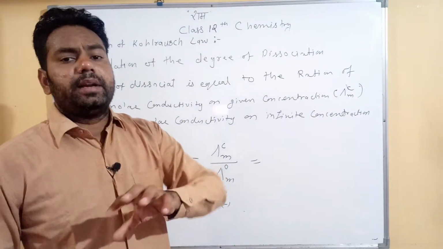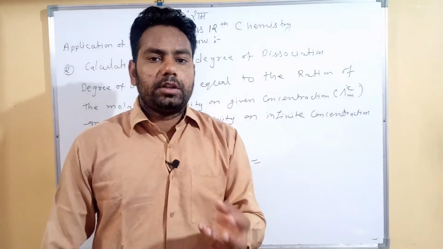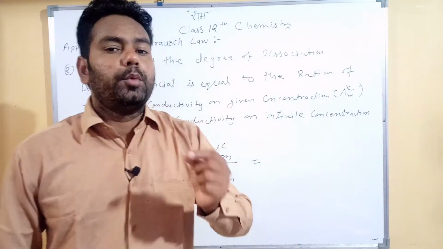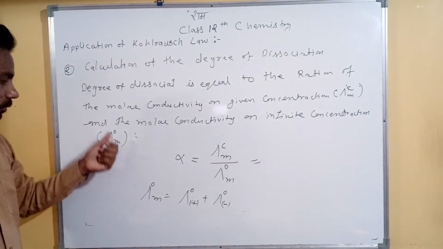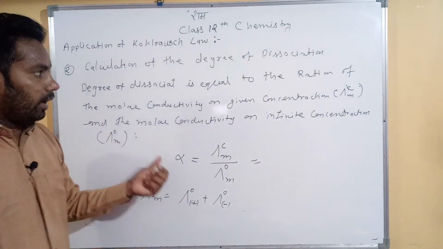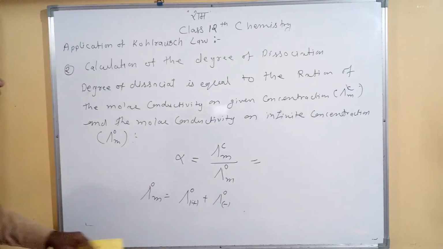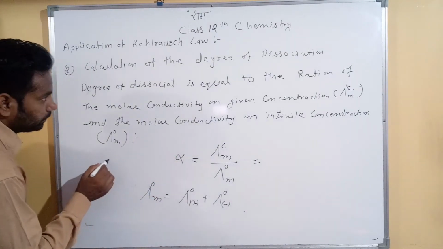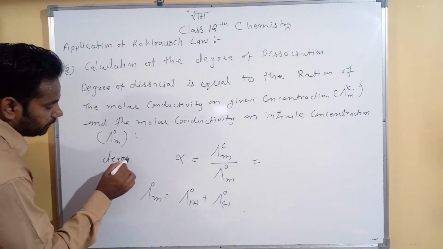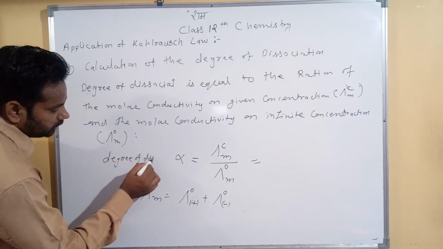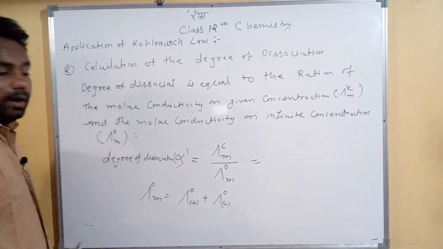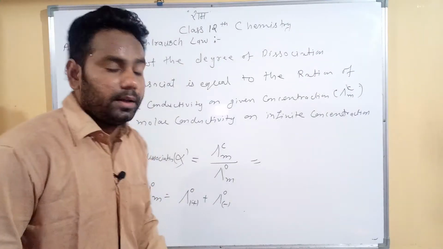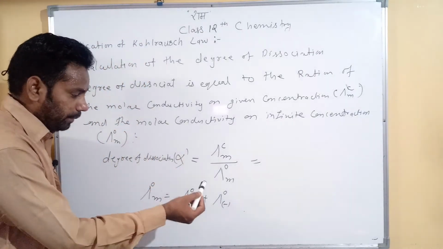The molar conductivity at infinite dilution is also called the limiting molar conductivity and it's denoted by lambda m naught. So alpha is a degree of dissociation, denoted by alpha is equal to lambda cm upon lambda 0 m.